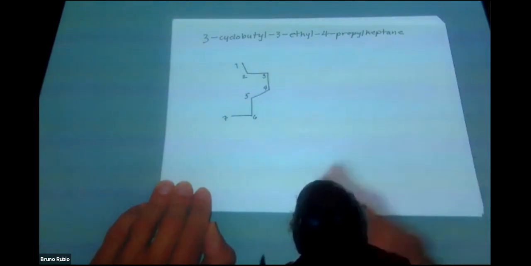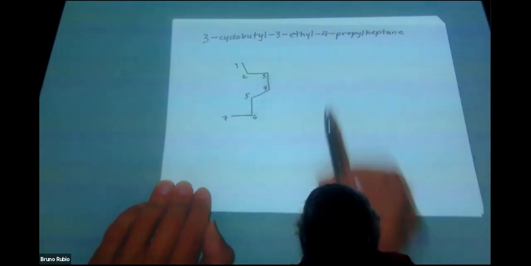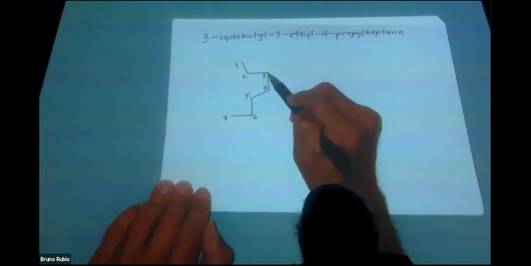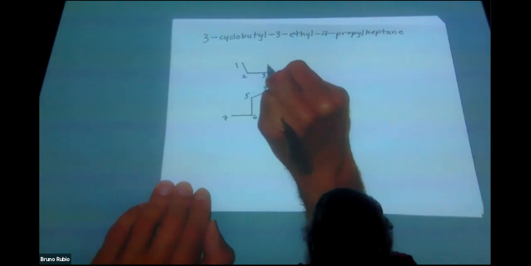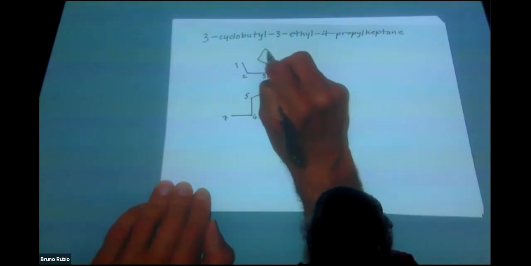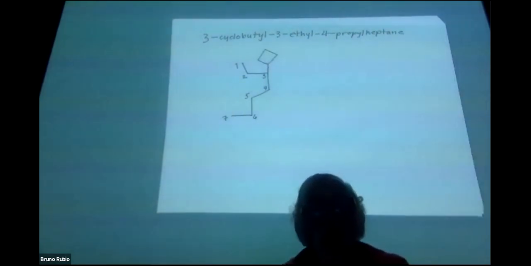That means a 4-membered ring. Now notice that carbon 3 is a carbon in the parent. So I'm going to put the 4-carbon ring up here like that. So there's 3-cyclobutyl.